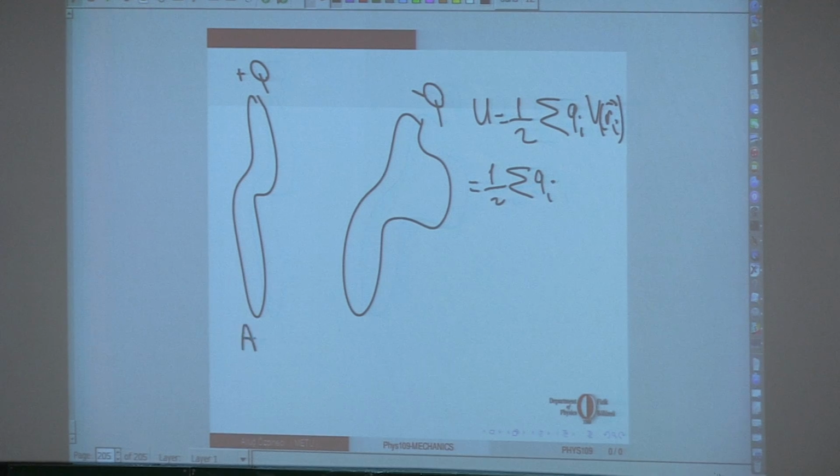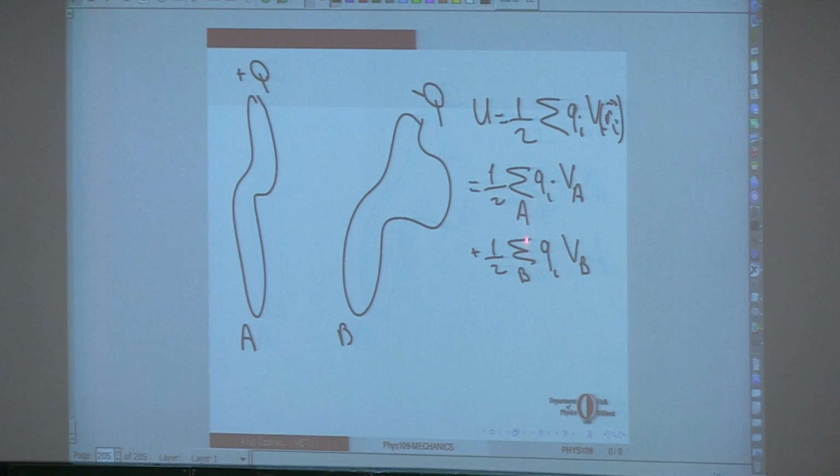Let's say this is conductor A, this is conductor B. Charges are on conductor A, times the potential of the conductor A, plus 1 over 2 sum over the charges on conductor B, times the potential of conductor B. Now, the potential of conductor A is just a constant. The potential of conductor B is just a constant. I can just take them out of the summation sign.